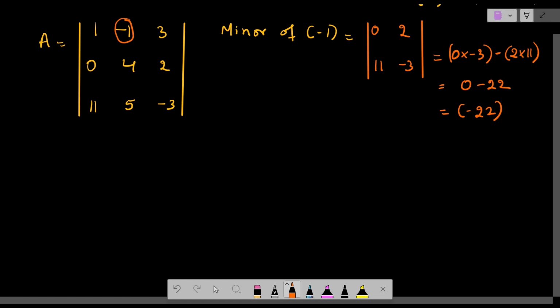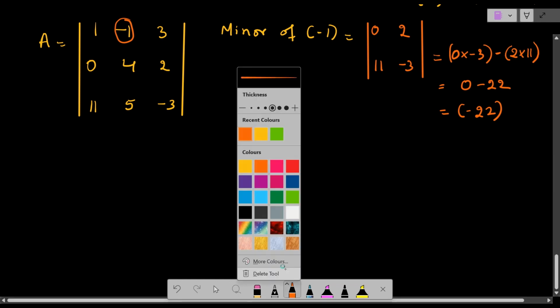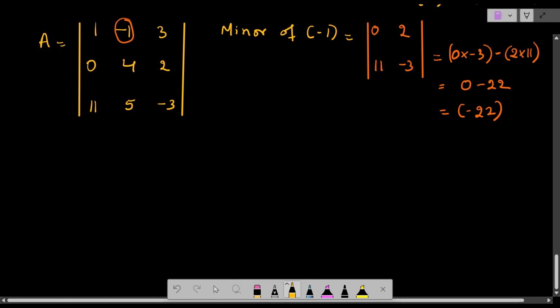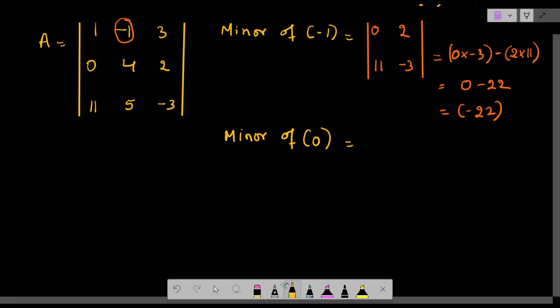Okay. Let us take another one, students. Another example. We are going to find the minor of 0. So where is the element 0? Wherever 0 is there, avoid that row and column and take out the 2 by 2 determinant. So avoid this row and column.